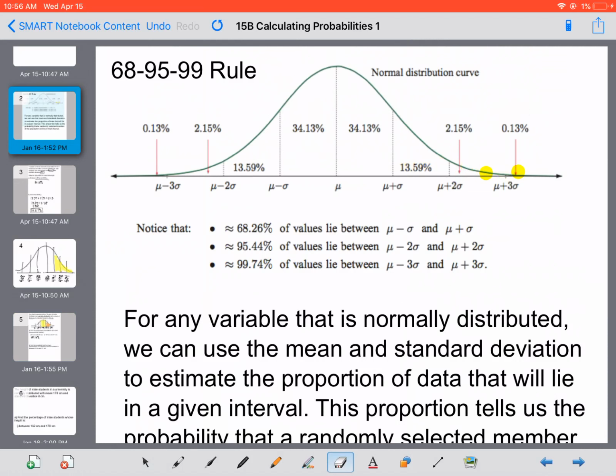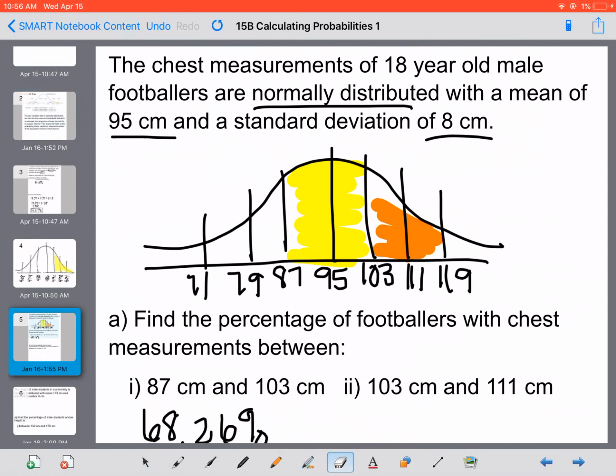So we're talking about, let's see here. Oh, I did that wrong, sorry. It's not that, it's just that one right there, which means it's your 13.59%.